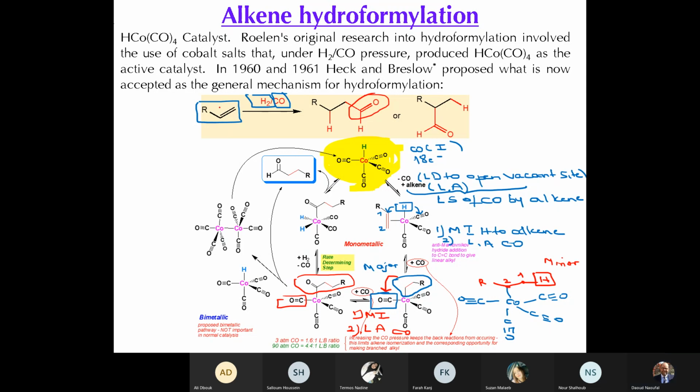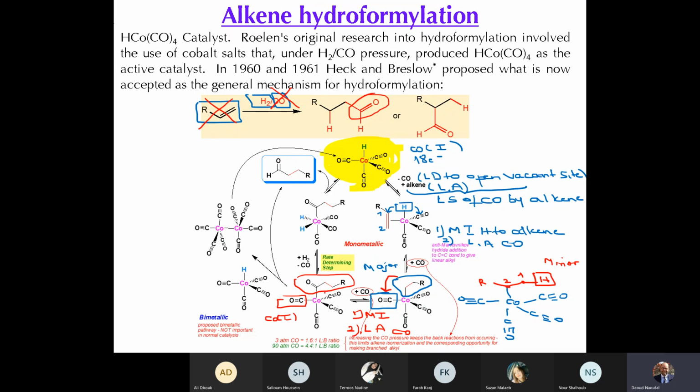Now the alkene has been added, the carbonyl has been added. Never forget that you have always hydrogen from the beginning. So you have to use hydrogen. The hydrogen is used by oxidative addition. But if I count this complex, this is a cobalt 1.